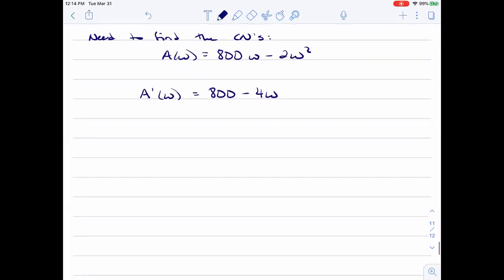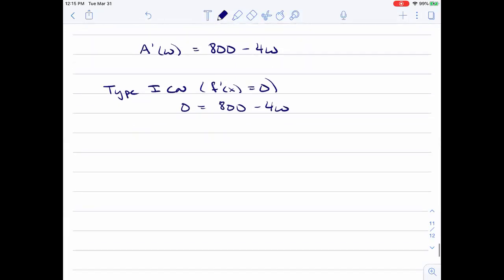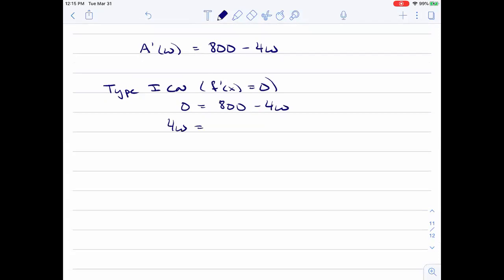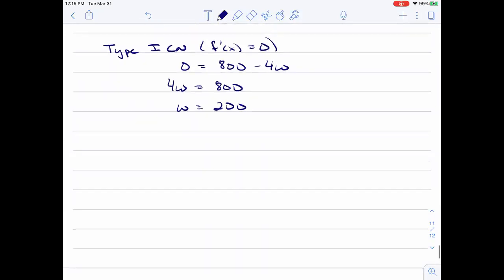There's no illegal math happening here. So the type 1 critical number is where the derivative is equal to 0. So if we have 0 equals 800 minus 4W, I can have 4W equals 800. So W must be 200. That's our one and only critical number.